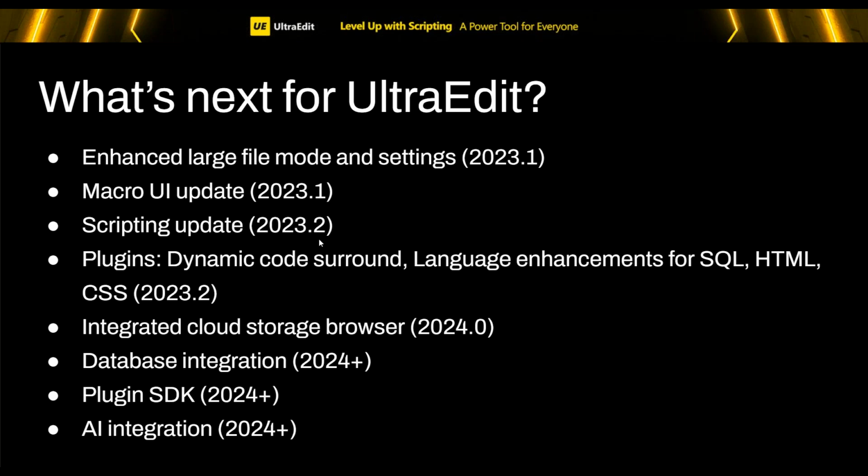So that way you can easily tweak aspects of large file mode handling. Anyone who uses large file mode will, we're hoping, definitely appreciate this. Like I said, it'll be in 2023.1.